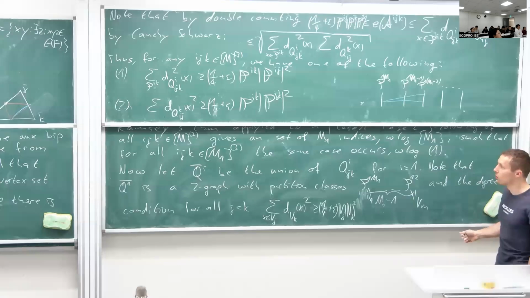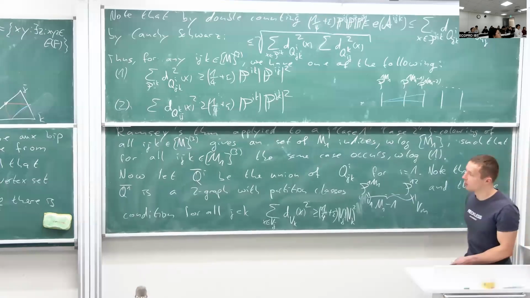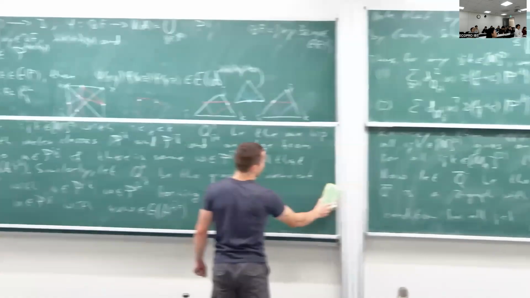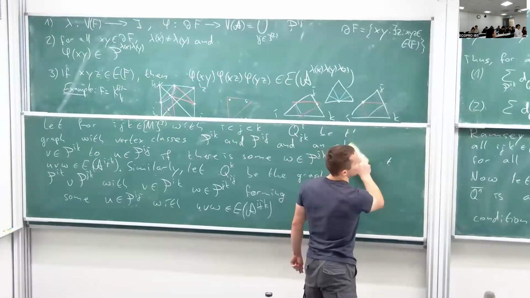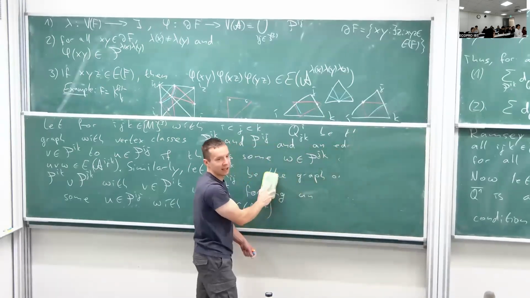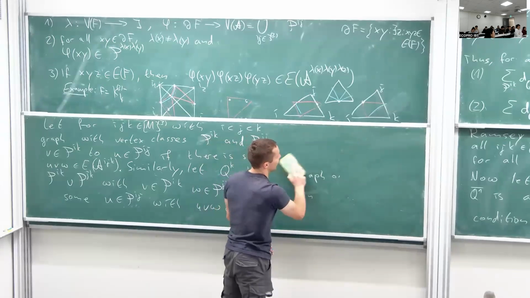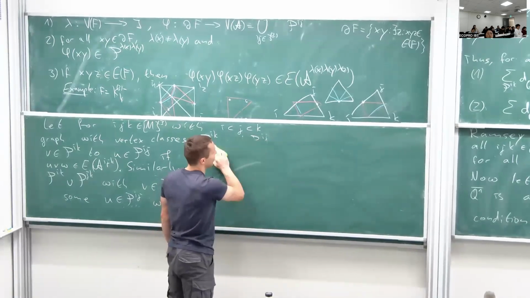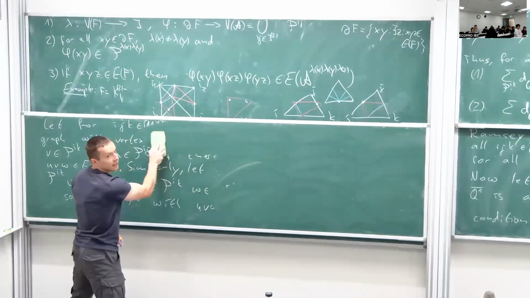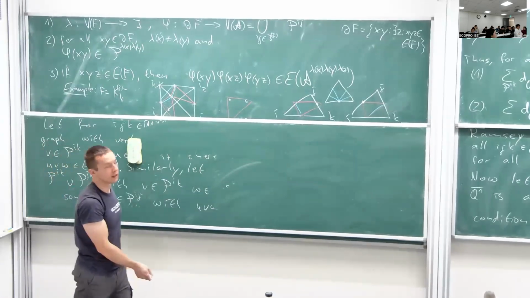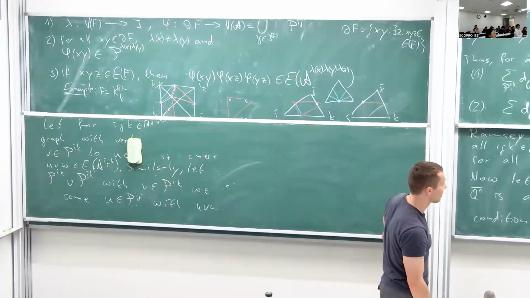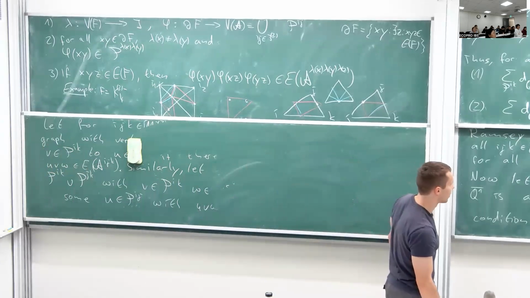Okay, so now for all of those who fell asleep, now it's time to wake up, because now we're just talking about graphs, and the proof for the following lemma is also quite beautiful. How do I read this sentence? Now let Qi bar be the union of Qjki for I equals 1.